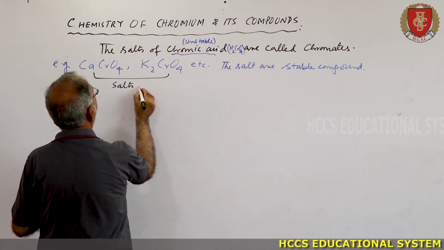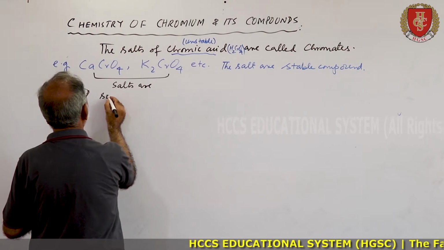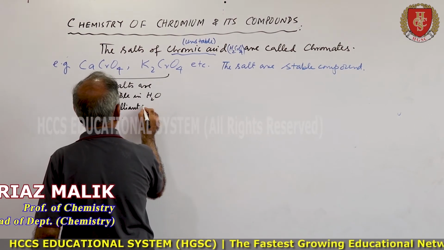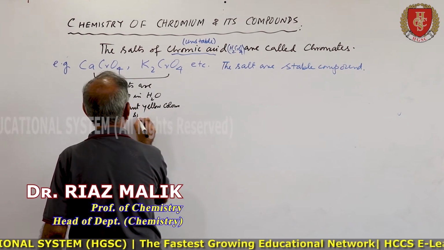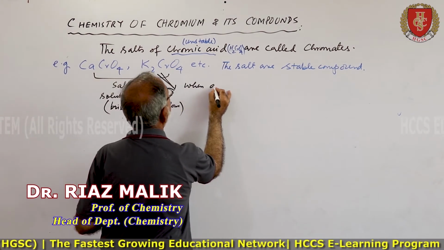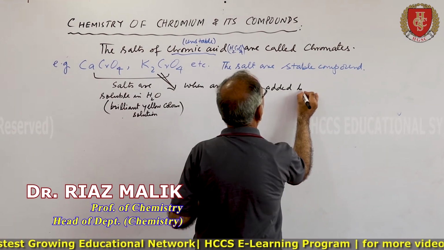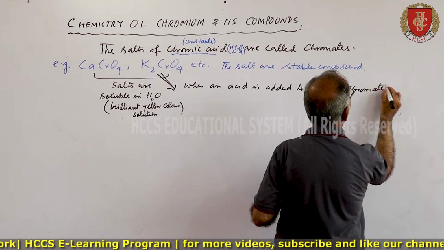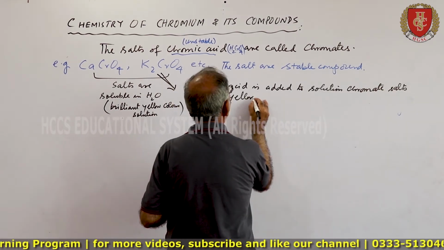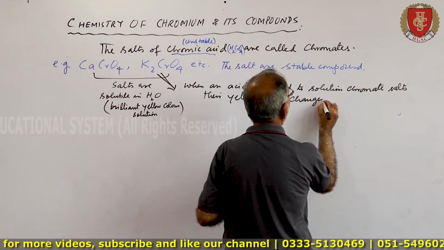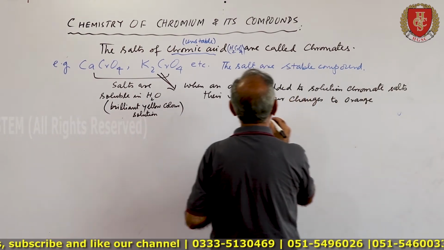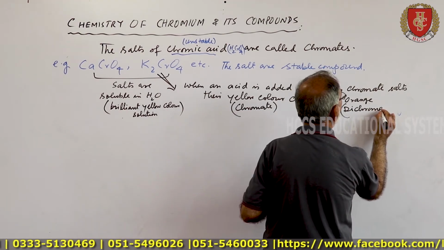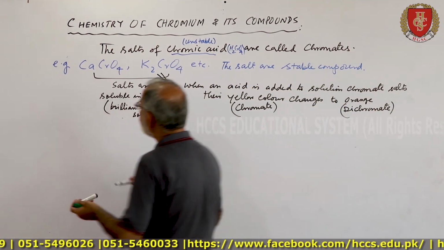The salts are soluble in water, giving a brilliant yellow color solution. When an acid is added to the solution of chromate salts, their yellow color changes to orange. That is, chromate changes to dichromate.